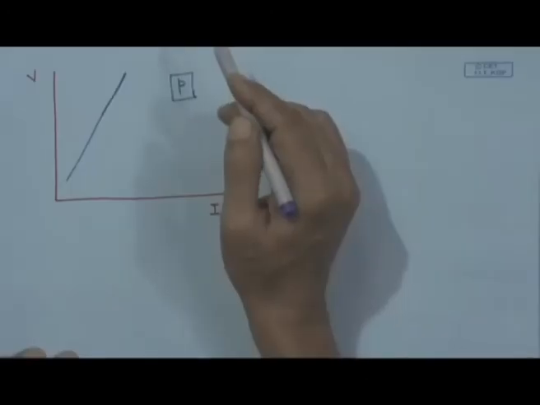So, one can immediately look into this fact and take the necessary step to change the slope of this curve. Now, this is for a particular pressure. So, this is actually process pressure. With this process pressure we can have a VI characteristics. However, if we change this process pressure, this characteristics may change.